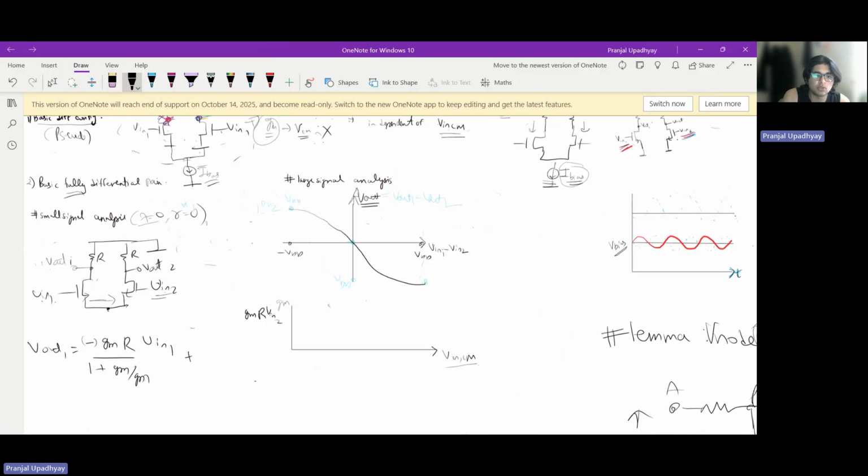So we have to write the formula of the source follower. So what is the source follower's formula? It is just gm times the resistance seen at the source, which is again 1/gm, over 1/gm plus the resistance seen at the source. So this is one stage.